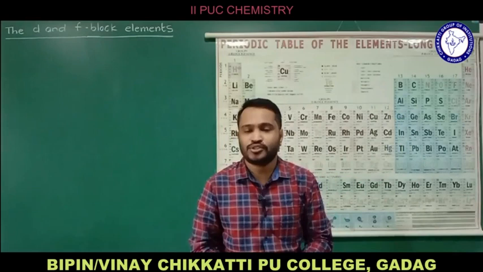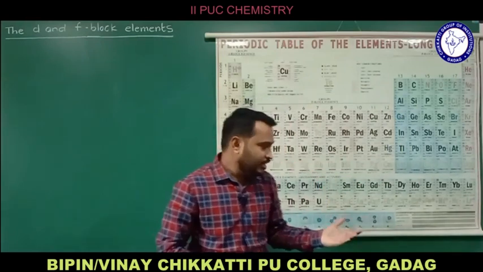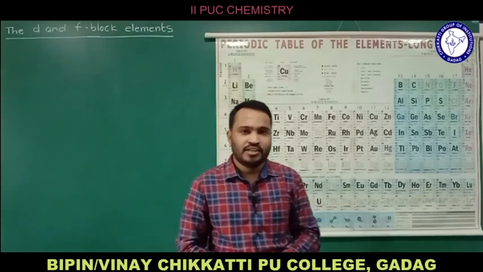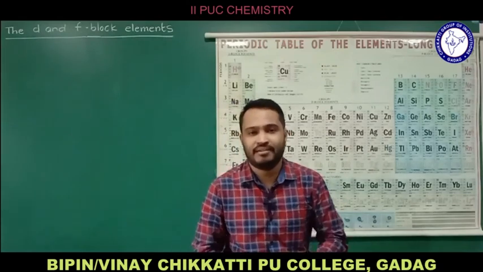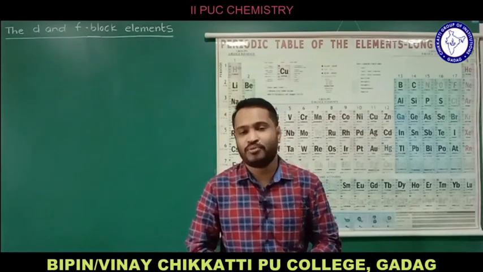d block elements are also called transition elements, isn't it? Similarly, we know the f block elements are called inner transition elements. So the question arises, why do we have the name transition elements or transition metals for d block elements?